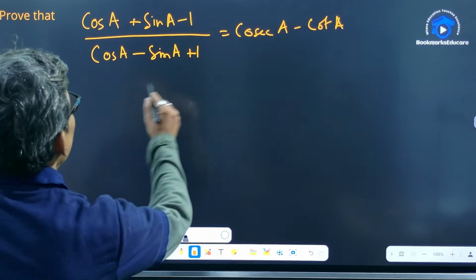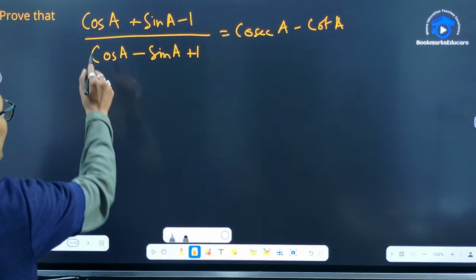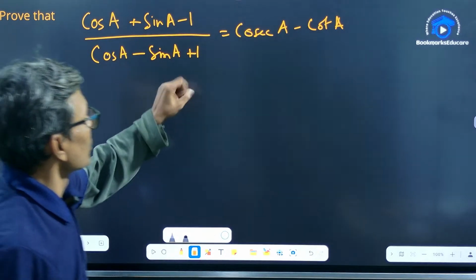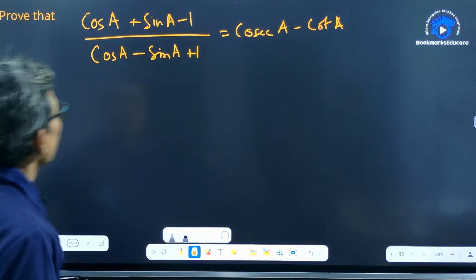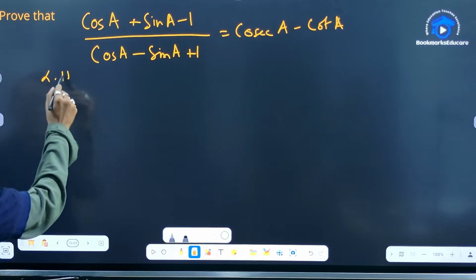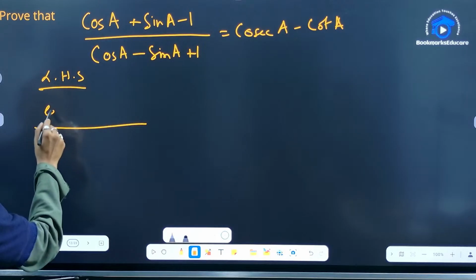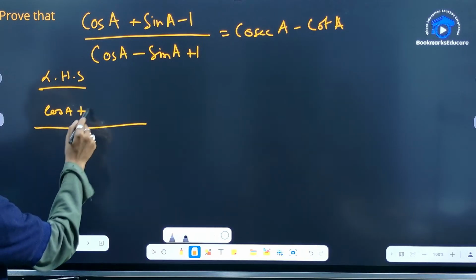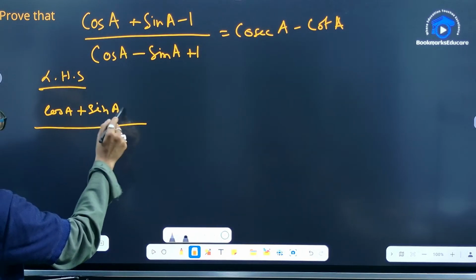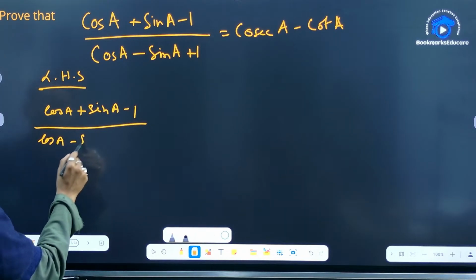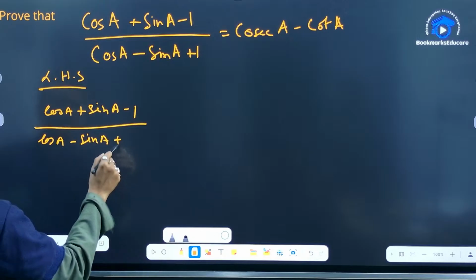So we have to prove that (cos a plus sin a minus 1) by (cos a minus sin a plus 1) is equal to cosec a minus cot a. So LHS: cos a plus sin a minus 1 by cos a minus sin a plus 1.